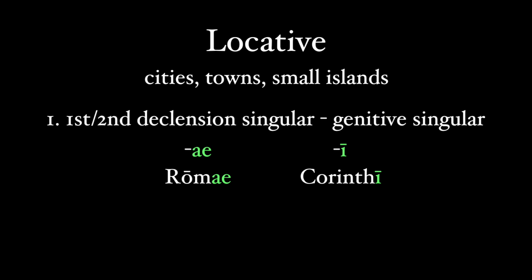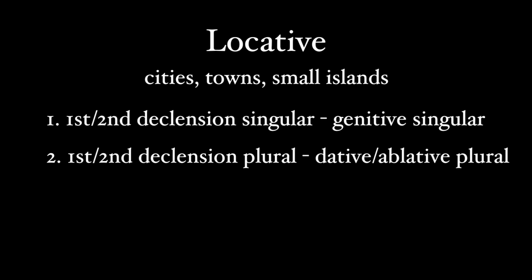The noun is Corinthus. For second declension plural nouns, the locative is the same as the dative or ablative plural. So to say at Athens, the nominative is Athenae. It's plural, just like Athens is plural in English. So the locative is Athenis. Thebae, Thebes, also plural, has its locative in Thebis, and Pompeii, itself a plural noun, is Pompeiis in the locative case.